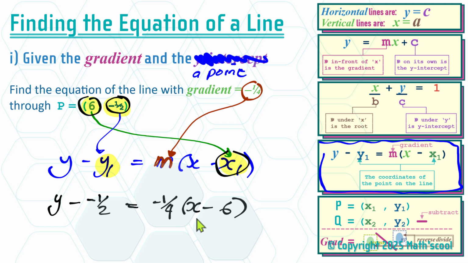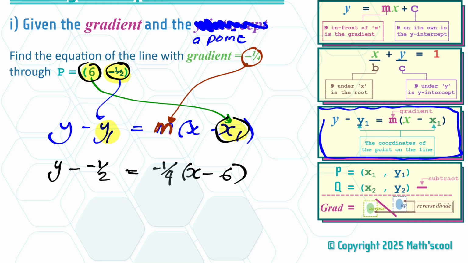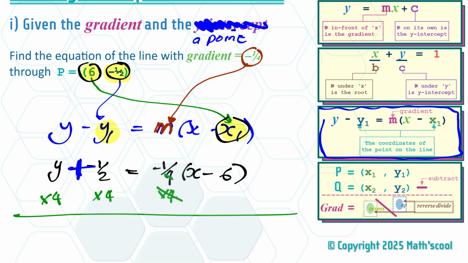Okay, now we can multiply this out, but I'm not going to. Instead, what I'm going to do is just make my life a little bit easier. First thing I'm going to do is change that minus to a plus. When you have a negative next to another negative, you can just change it to a plus. And then I'm going to multiply through by 4, to cancel that out.